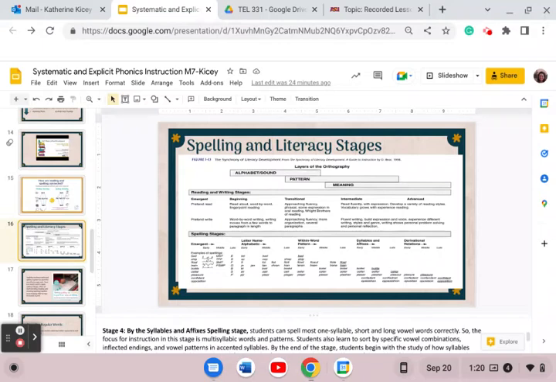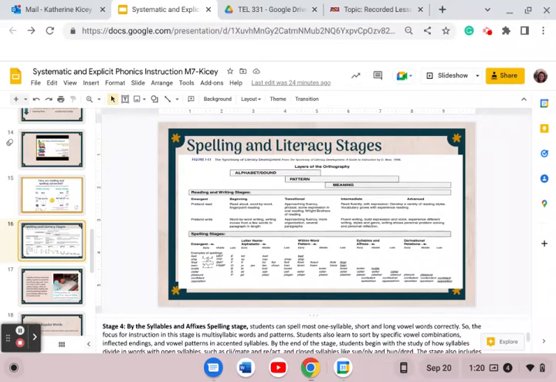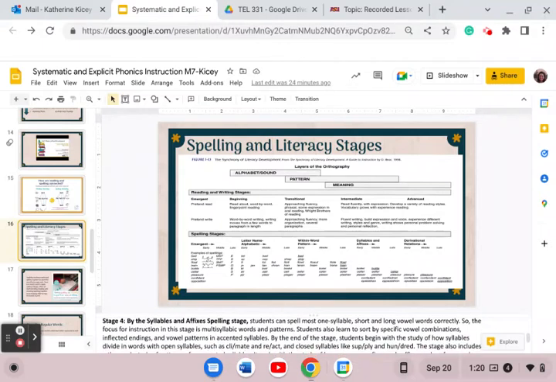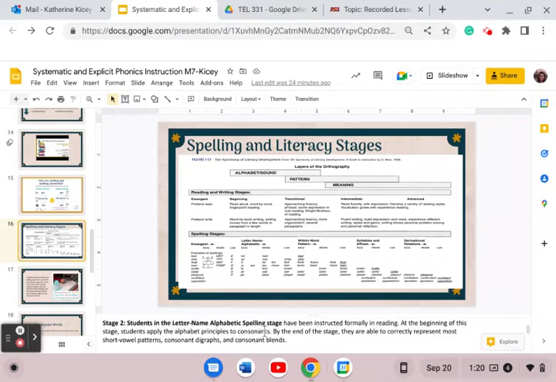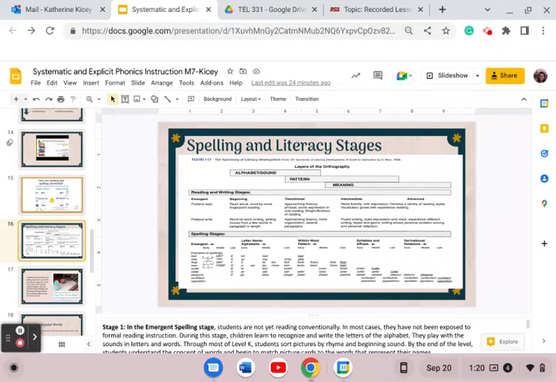So this is more advanced. They're able to do multi-syllable words and patterns, and they're also learning specific vowel combinations, so learning how to spell more advanced words. You can see how a lot of the stages of spelling really follow the stages of literacy, so you can put those together.